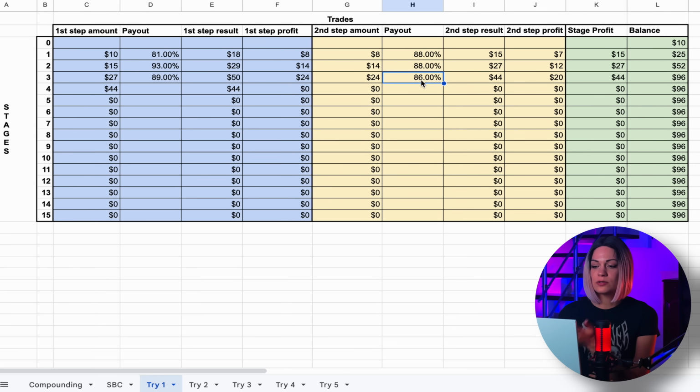If we lose this deal again, we would get back to the previous step. So the good thing about this strategy is that at any point, except for the first step and first stage, you just go back one step or one stage, not losing the whole balance. You don't have to restart all over again.